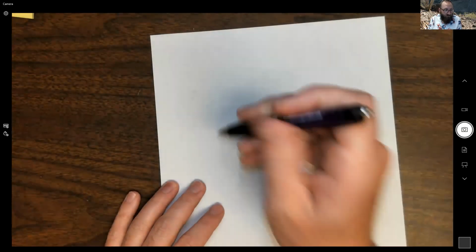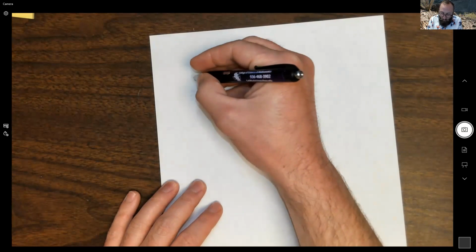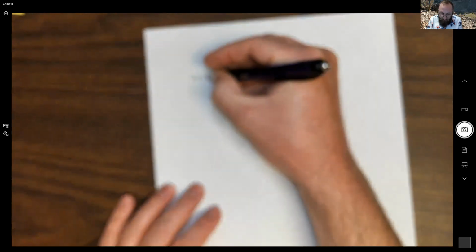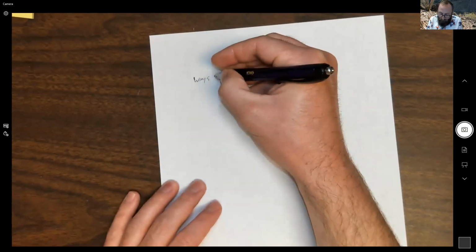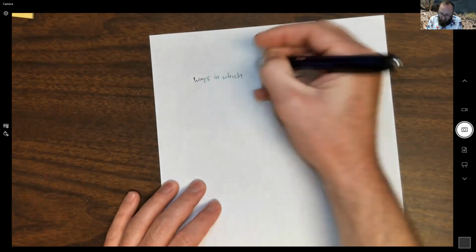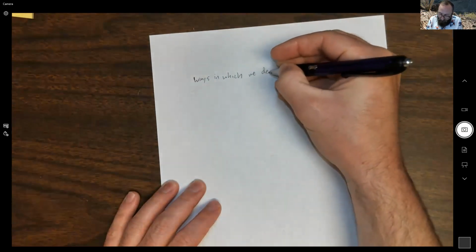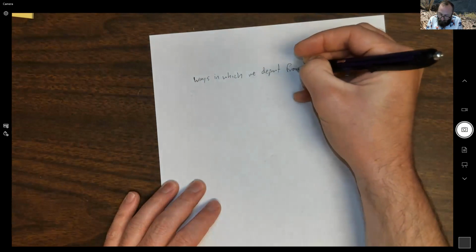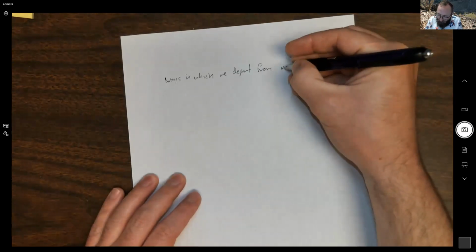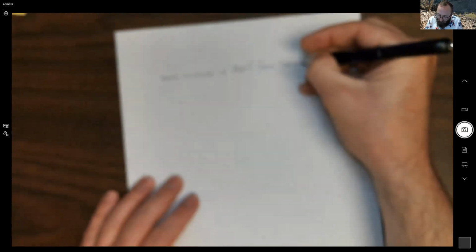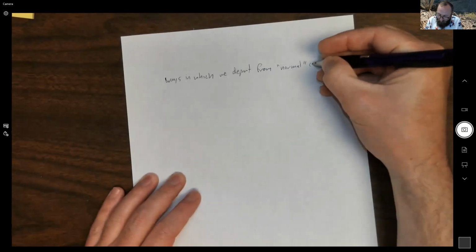So we're gonna look at some different ways in which we depart from normal Coulomb behavior.